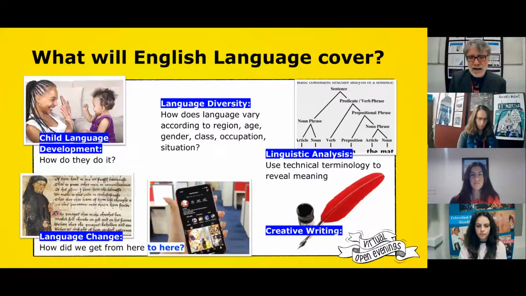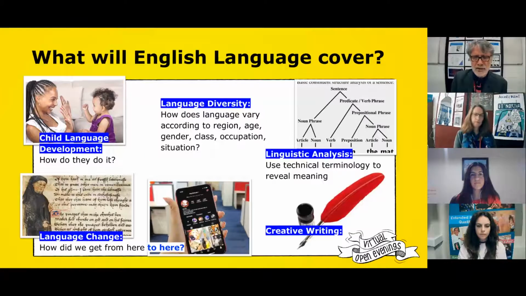So I don't know if you can make out that diagram in the top right-hand side of the screen, but there's some quite detailed grammatical terminology there, like prepositional phrase, etc. So some of that might be more detailed than you're used to at GCSE. I'm not saying this to put you off, but to make you aware that that's an aspect of the course.